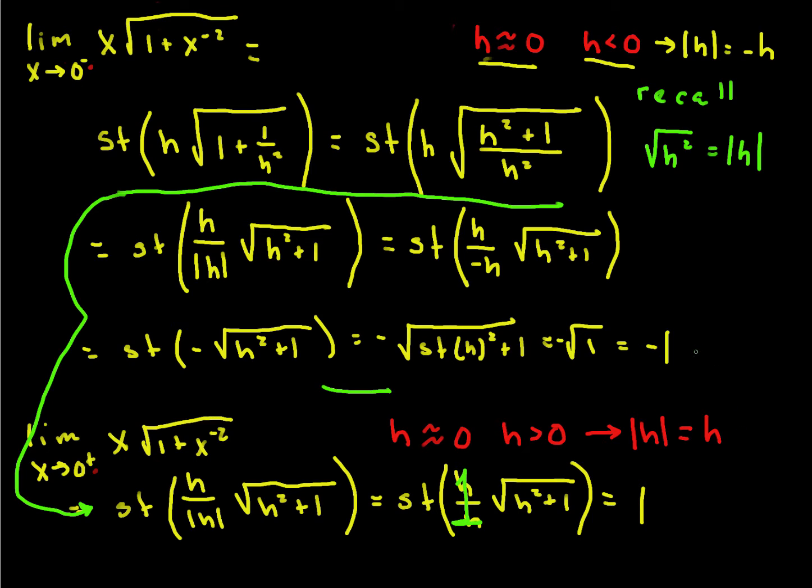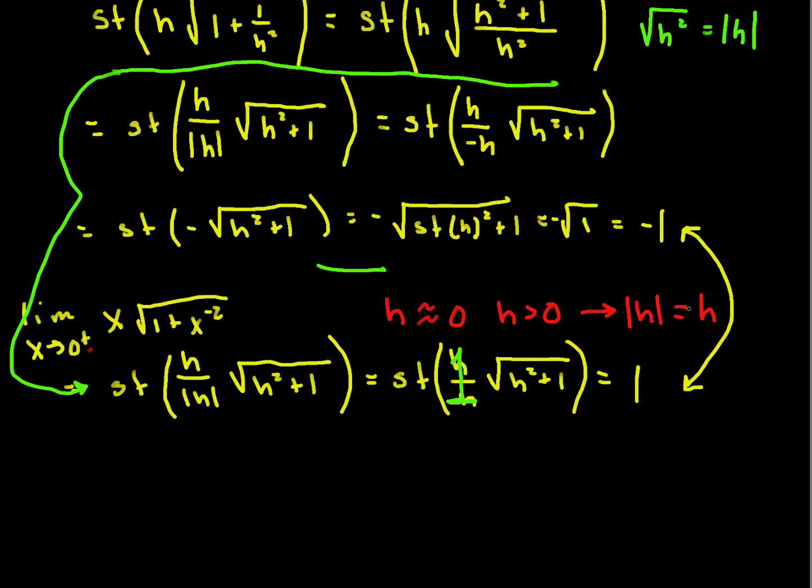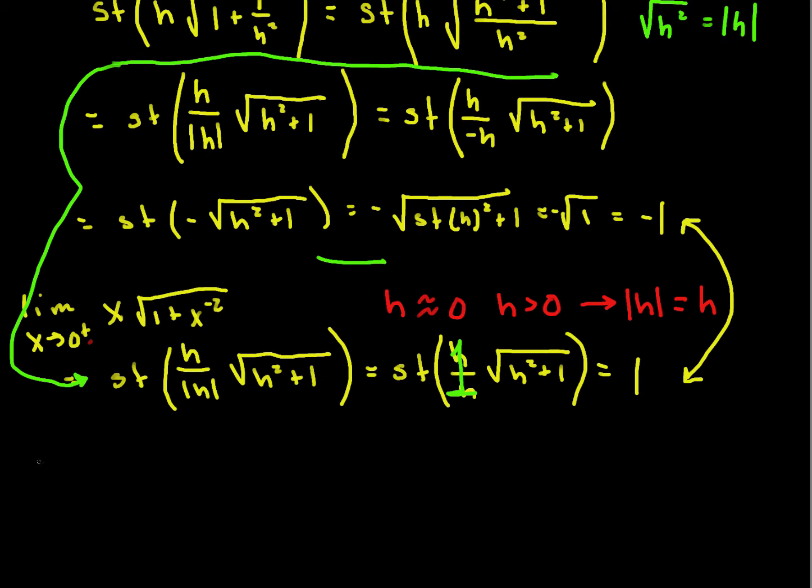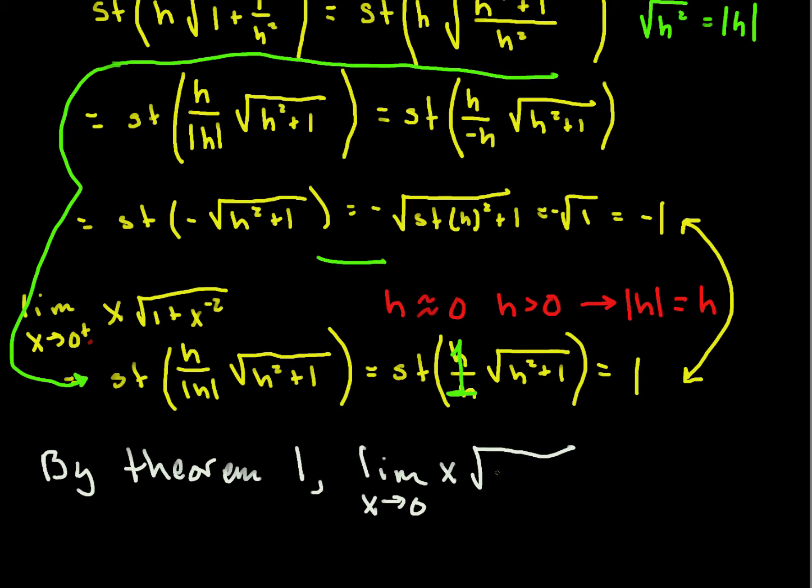Since the left-hand limit and the right-hand limit do not agree, then we know for a fact that if I were to do a straight limit, putting this together and using theorem 1, the limit as x approaches 0 of x times the square root of 1 plus x to the minus 2 does not exist, right?